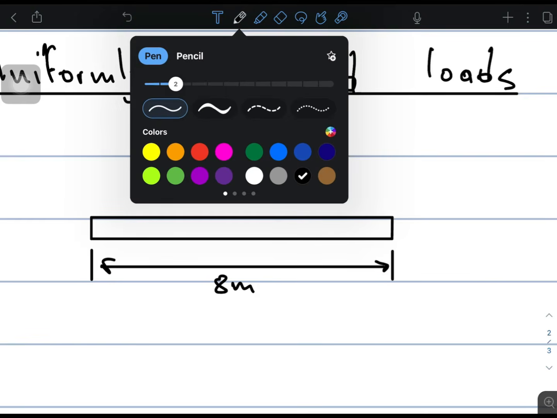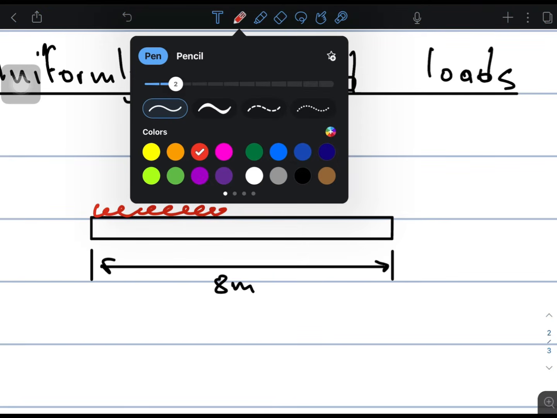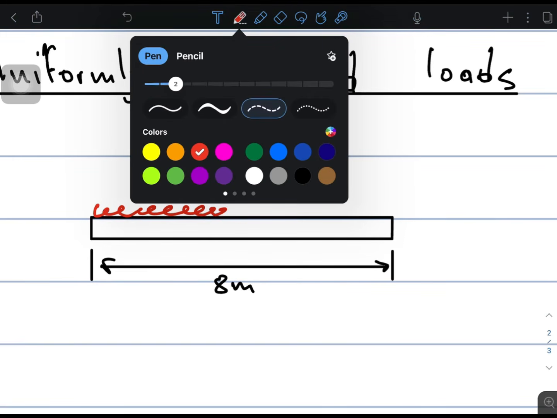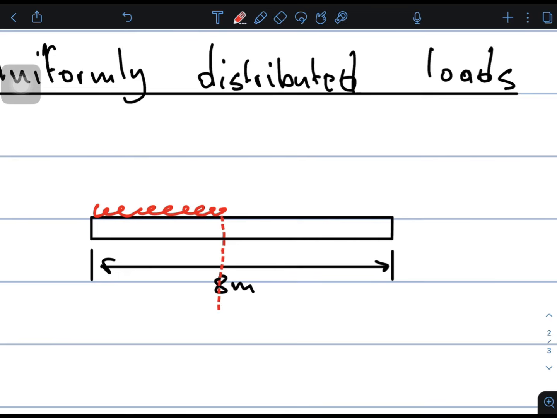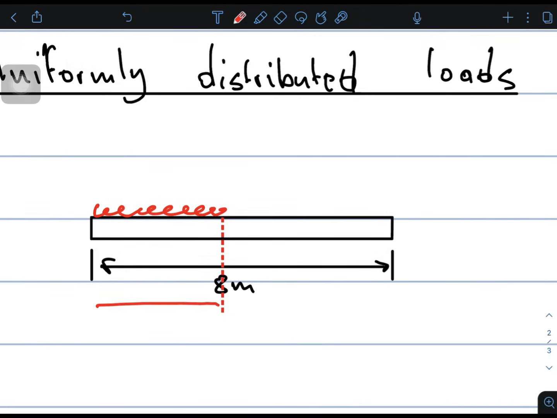Then let us say we have a uniformly distributed load that is acting for a distance of about 4 meters along this beam.